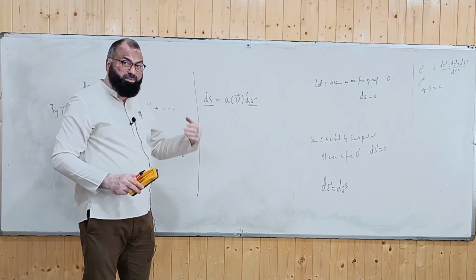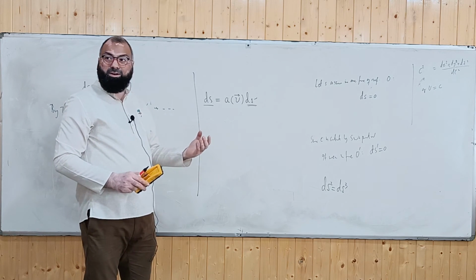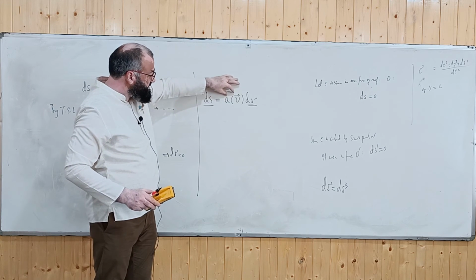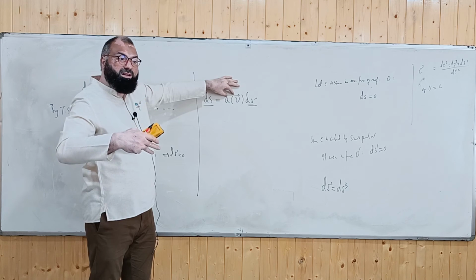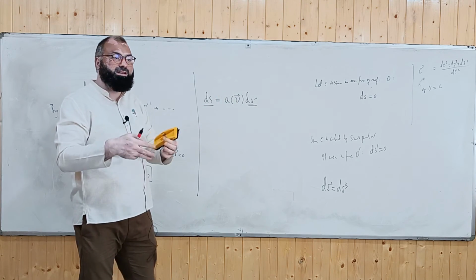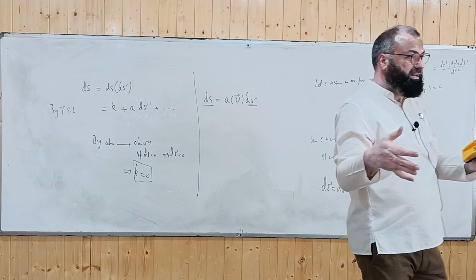But if I assume isotropy and homogeneity of space and time, and if this depends on the velocity vector, that means different inertial frames are more peculiar than the others. That means you have a preference of inertial frames of reference. You can distinguish between the inertial frames of reference.